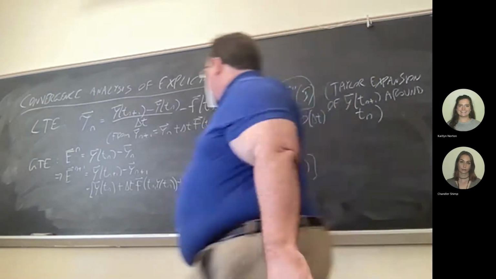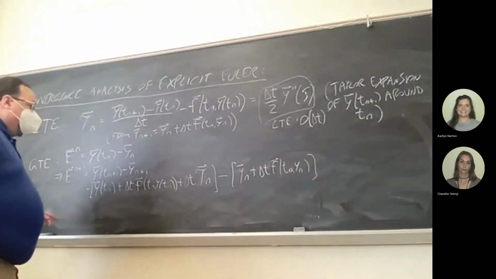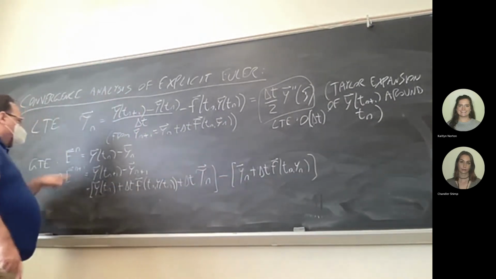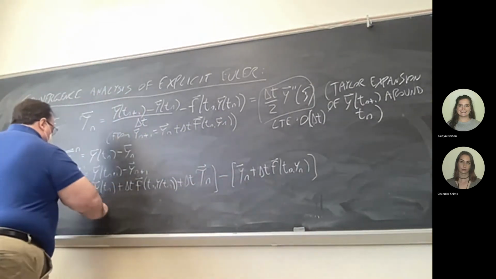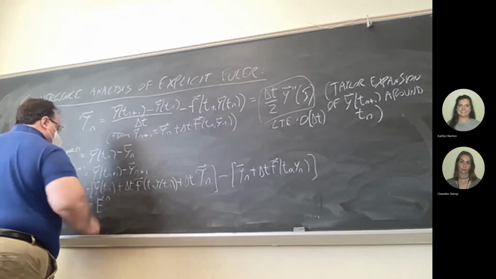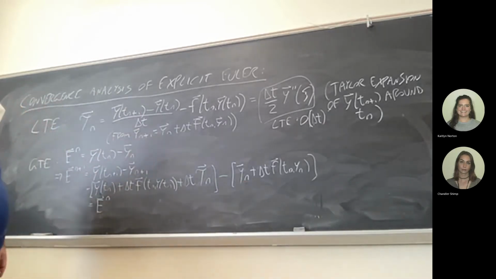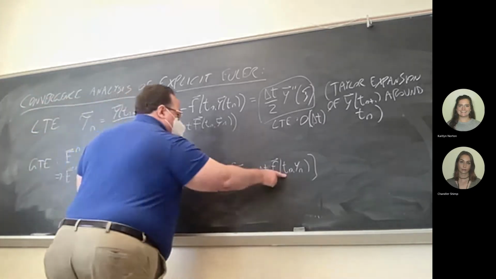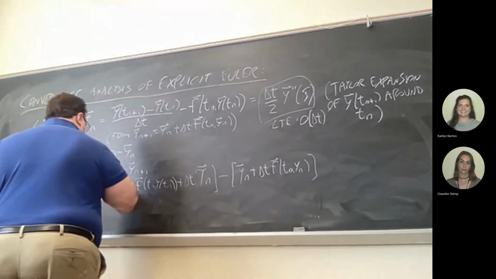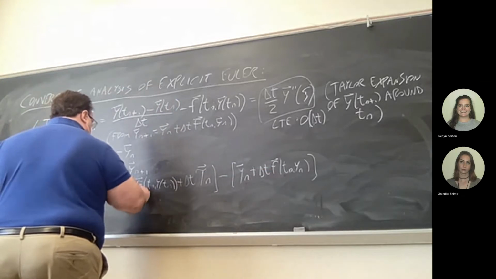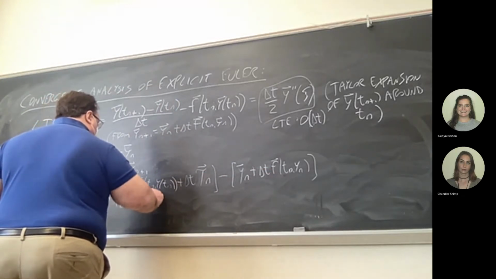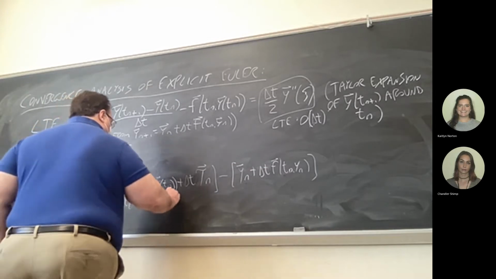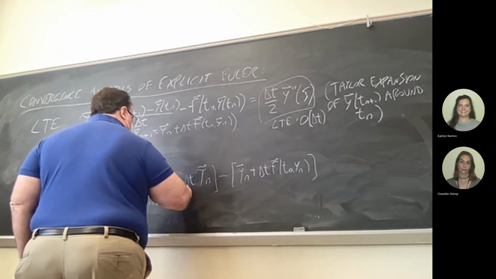So now to simplify all this, y of t_n minus y_n, that is the global error at time n. And then I have plus delta t times this difference of f values, one involving the exact solution and the other the computed solution, both at the same time.